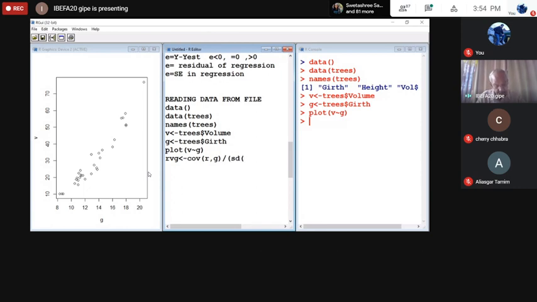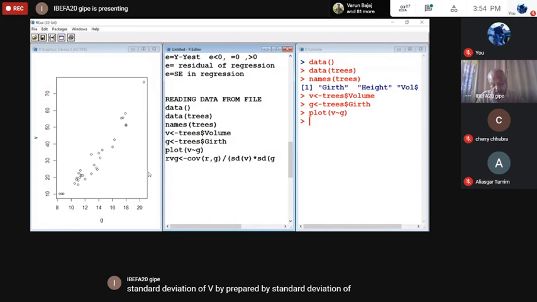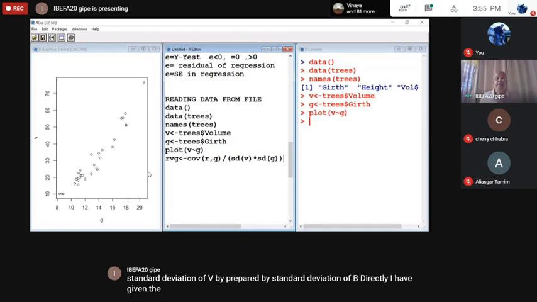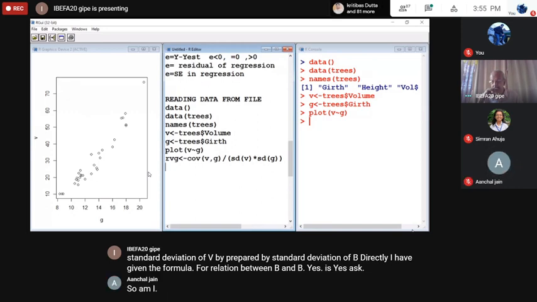Standard deviation of V multiplied by standard deviation of T. Directly I have given the formula. Correlation between V and G, yes.